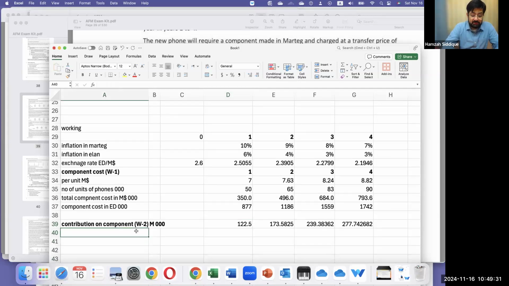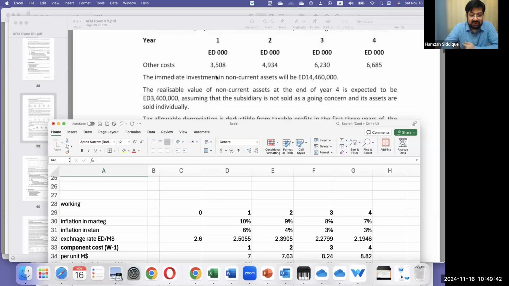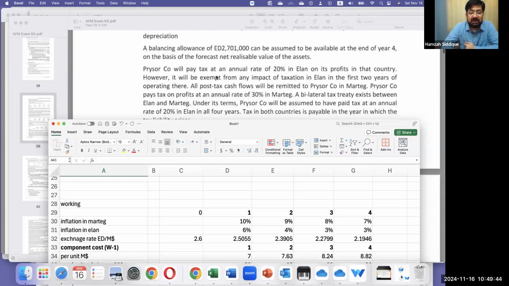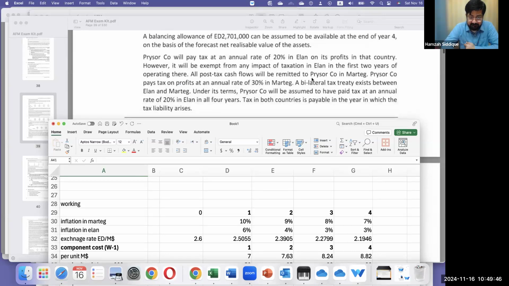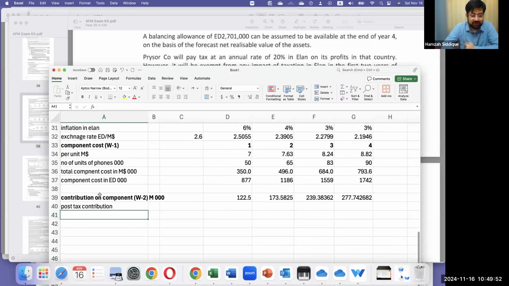Now, student, post-tax contribution. They have to pay tax on this component. So tax in the Martech is 30%. Okay, leave it here. We will show it there over here.